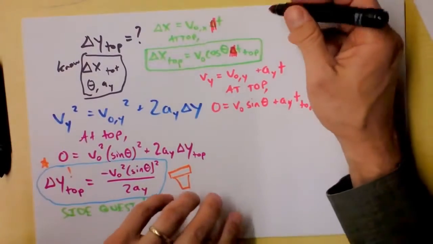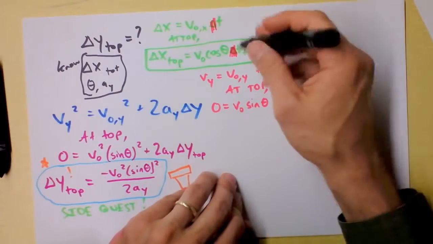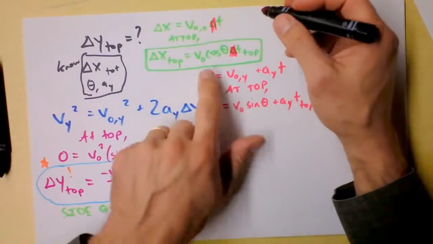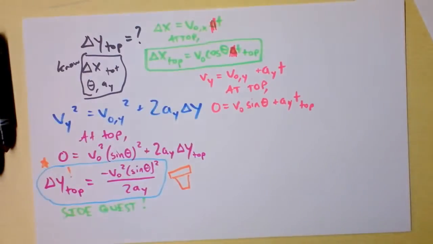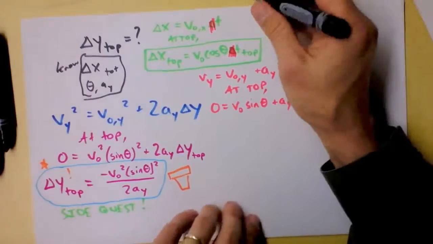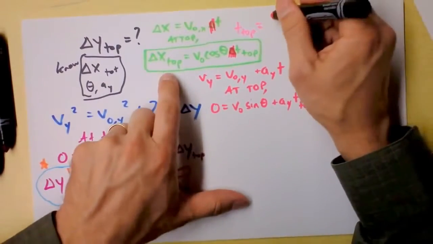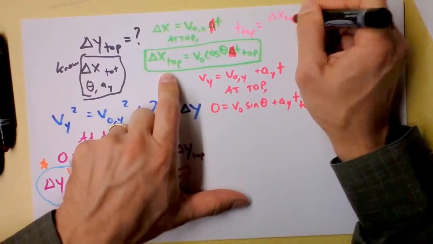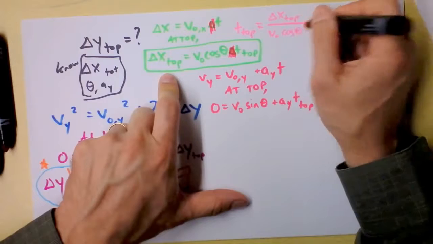Why, we substitute. So I'm going to plug this equation into that equation, but to do that I need to solve this equation for t-top, the x direction equation for t-top. Let's go pink. The x direction equation says t-top equals delta x at the top divided by v naught cosine theta.